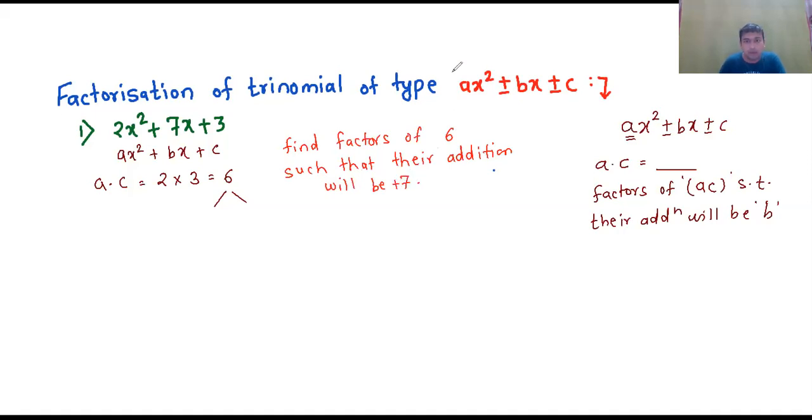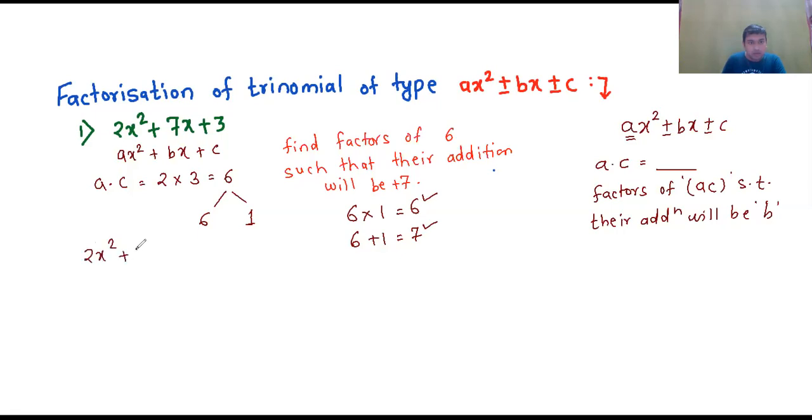So what will be those factors? Can I say 6 and 1 only? 6 into 1 is equal to 6, and 6 plus 1 is equal to 7. So the product is 6 and the addition will be 7.